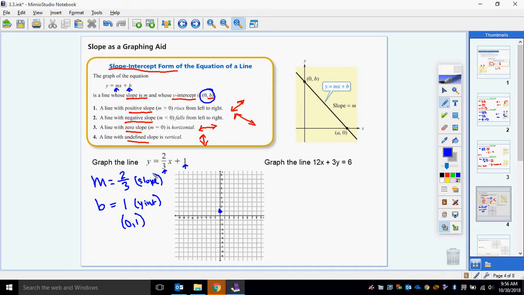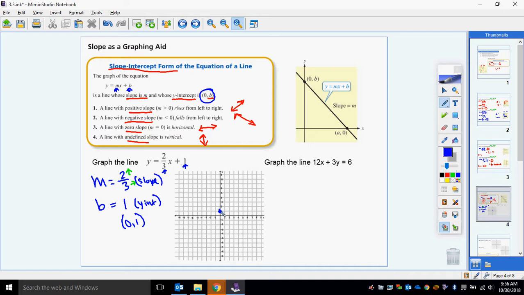Okay, so the slope is saying, hey, this line is having a rise of 2 and a run of 3, and they're both positive. Since they're both positive, that means the rise would be going up and the run would be going right. So I want to go up and right, 2 and 3 respectively. But where do I start? Well, one thing I do know is that this line has got to travel through this y-intercept.